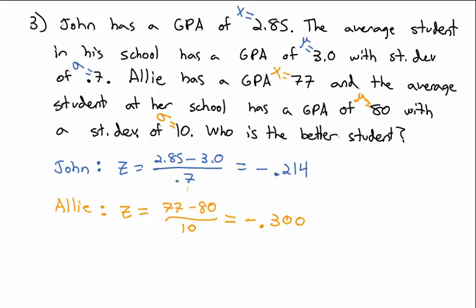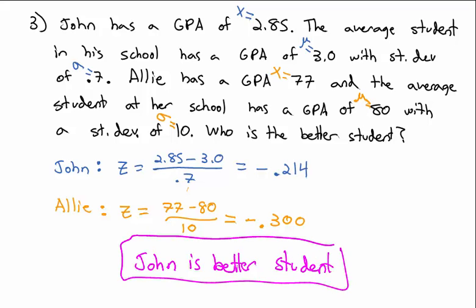Now we can compare that Allie is further below the average than John is. It would seem to suggest that John is the better student, because he's closer to the average in his class than Allie is to the average in her class.